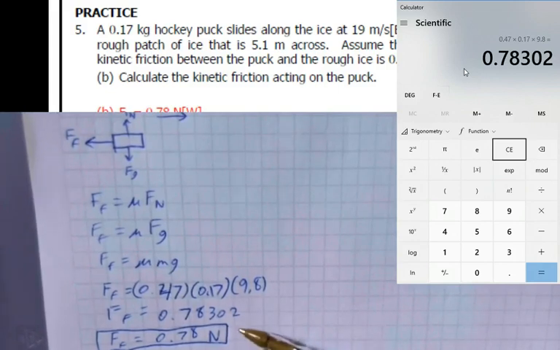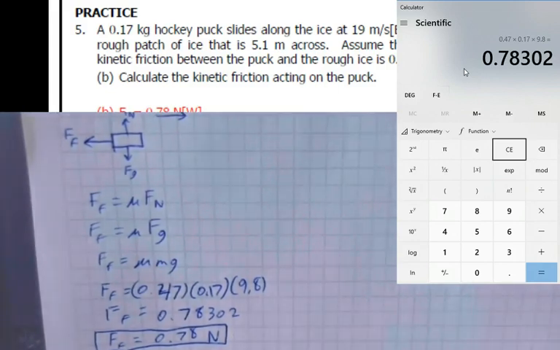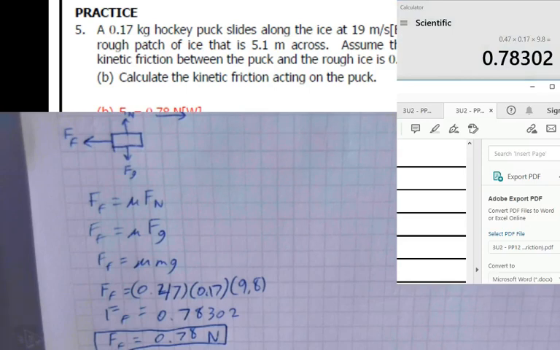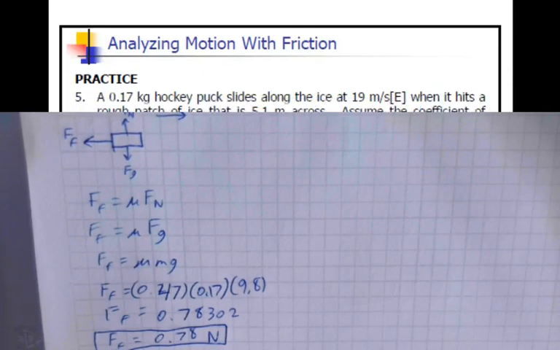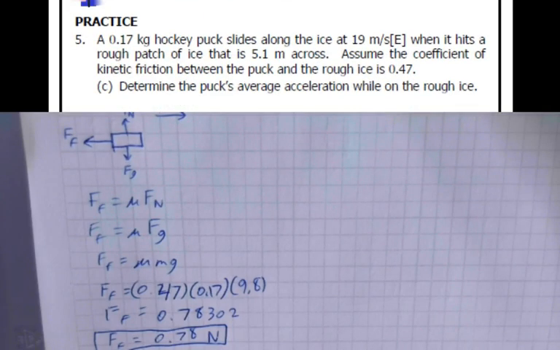As I'm reporting a value, I have to report it with the significant digits, but my actual value I can keep some extra digits in, because the next part of this question is going to ask, let's see what it says here, determine the puck's acceleration through the rough ice. And I could use that actual value to help solve this.